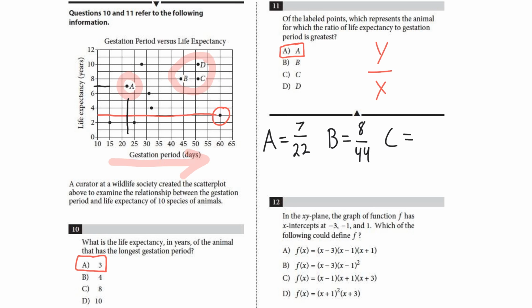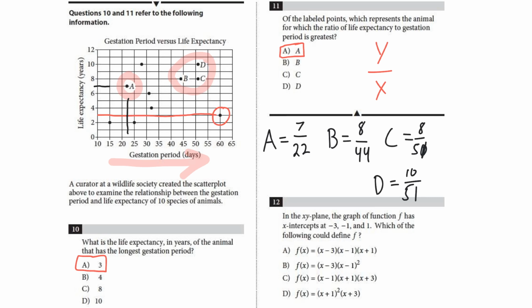C is going to be 8 over 50, and D looks like 10 over, well, I guess that'd be 51, maybe 50, something like that.